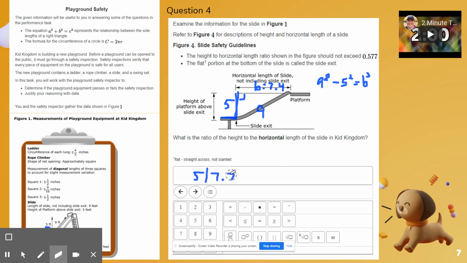So it's 5 to 7.4. And it says the straight across, not the slanted. So it wants to know this part compared to this part, which would be 5 per 7.4.